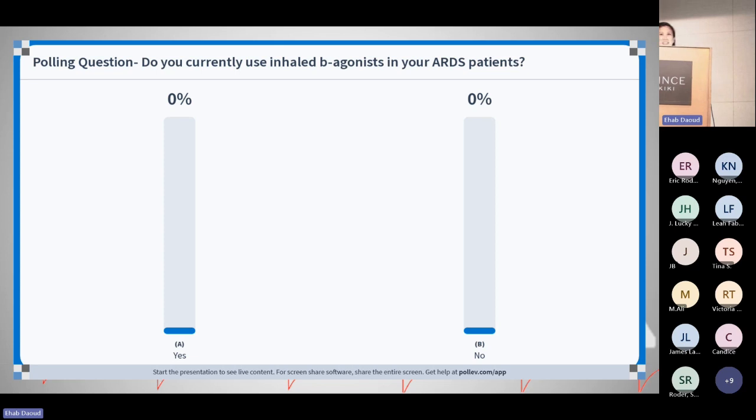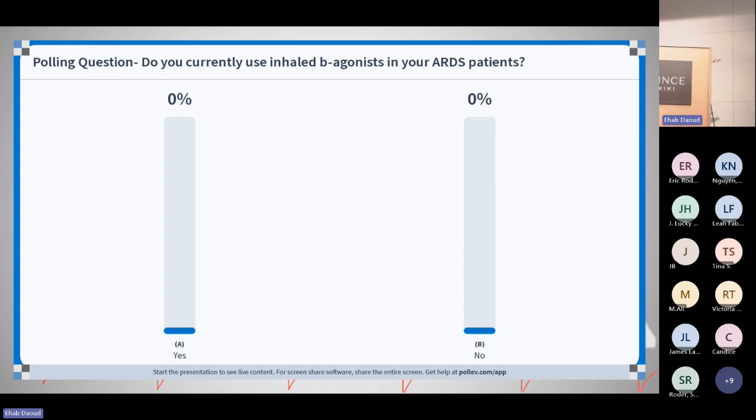Is it still having issues? I push it. That's it. It might be because we're logged in on two different computers, I'm not sure. Yeah, and it looks like I'm logged out now. Okay, it might be because there's two different computers looking at it, but anyway, raise a hand, inhaled beta agonist, albuterol, and ARDS. I see a couple.